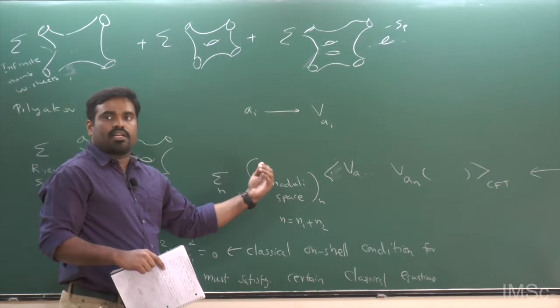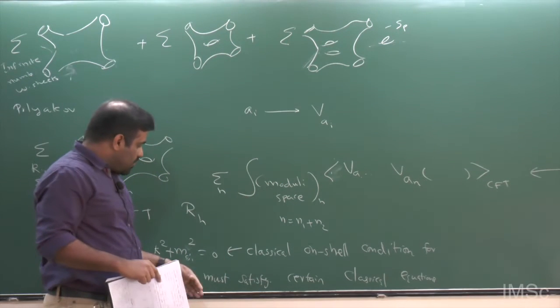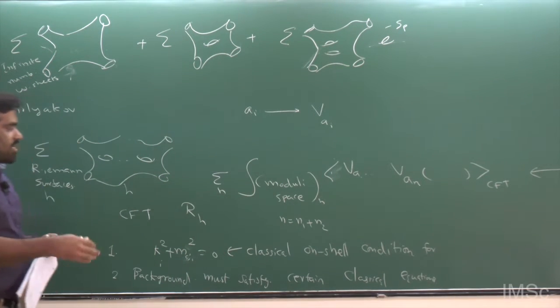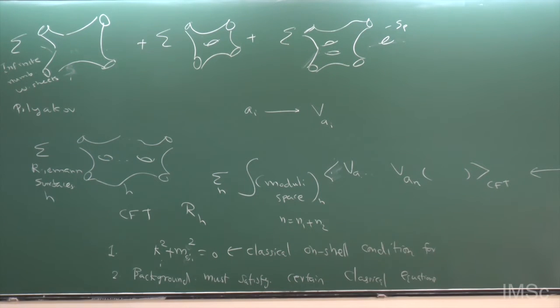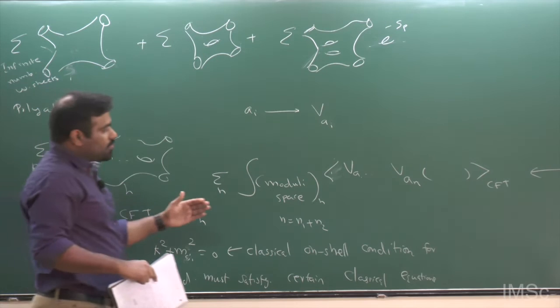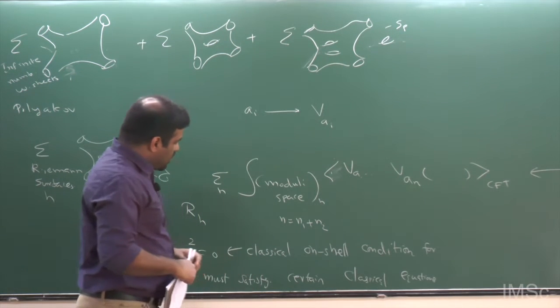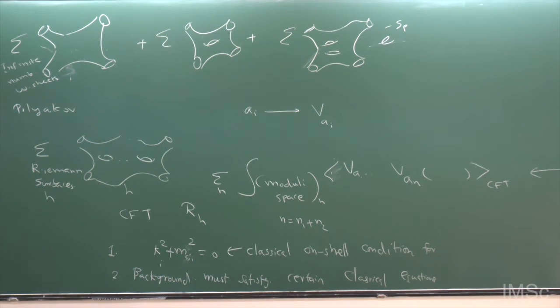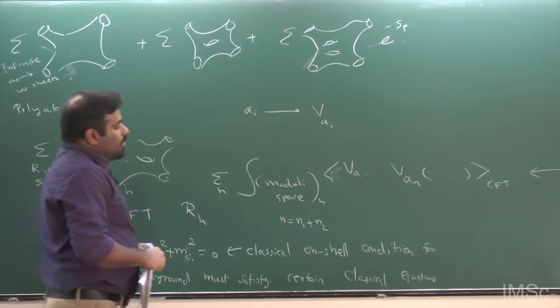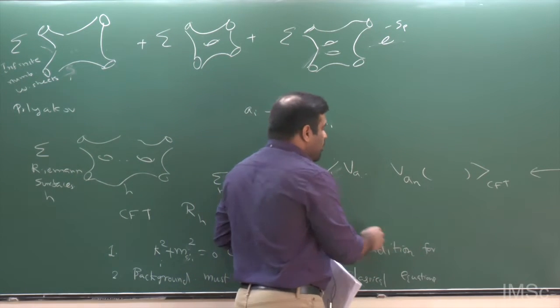Masses will get quantum corrections. Moreover, the spacetime through which the string is propagating will also have corrections. So you will have a correction to the mass of the state, and also a correction to the background spacetime. And that is a problem. The problem is the following.